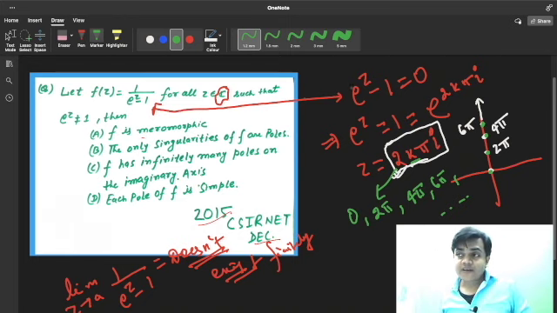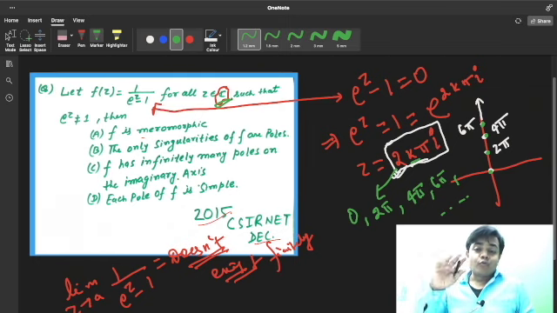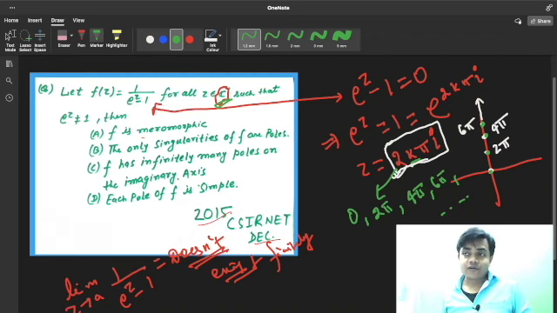But our domain is C, and in C, we don't have any essential singularities. The only possible singularities are poles. Therefore, you will not hesitate to say that f is meromorphic in C, because C is your domain. The only singularities of f are poles.